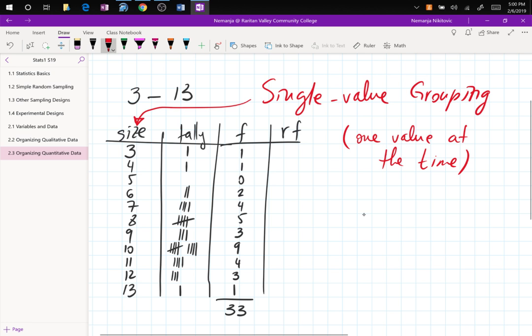I have paperwork. So single value grouping, shoe size, right? It's not one size fits all, like hats. It's sizes from 3 to 13, and we have number of people assigned to those sizes. Then another example would be, let's say, number of pets.